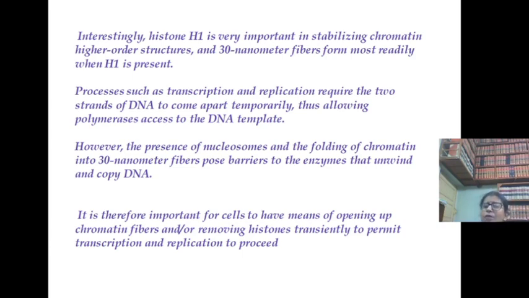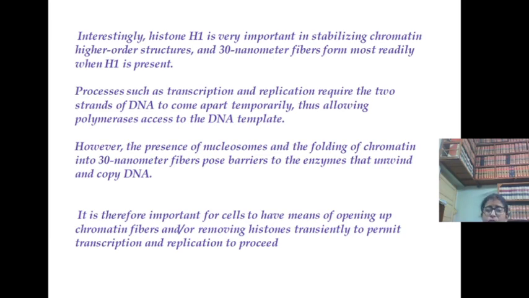So now we will go into how processes such as transcription and replication require the two strands of the DNA to come apart temporarily, thus allowing the polymerases access to the DNA template.